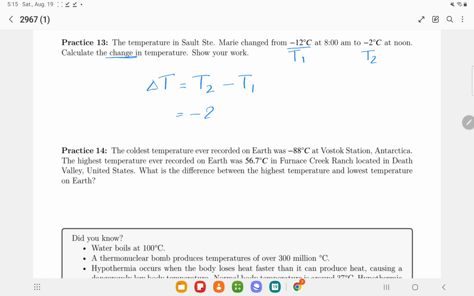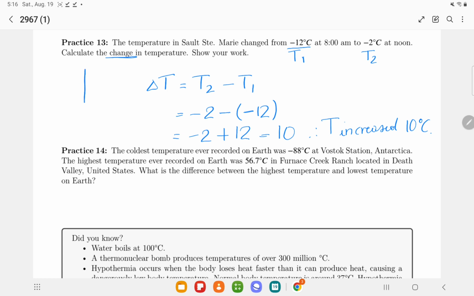T2 is negative 2 degrees Celsius minus T1 is negative 12. Remember to change minus negative to plus, and we have 2 minuses and 12 pluses. That gives us positive 10. So the temperature increased 10 degrees Celsius.